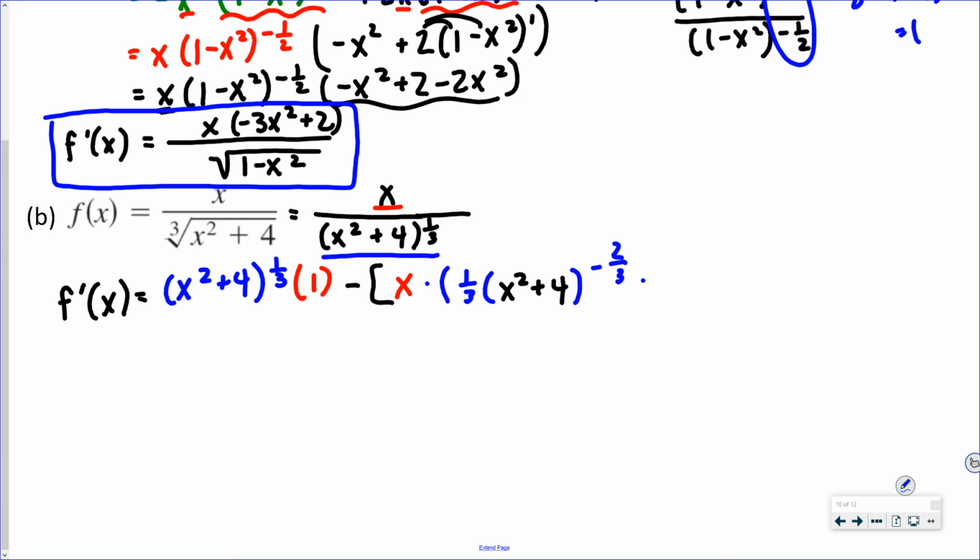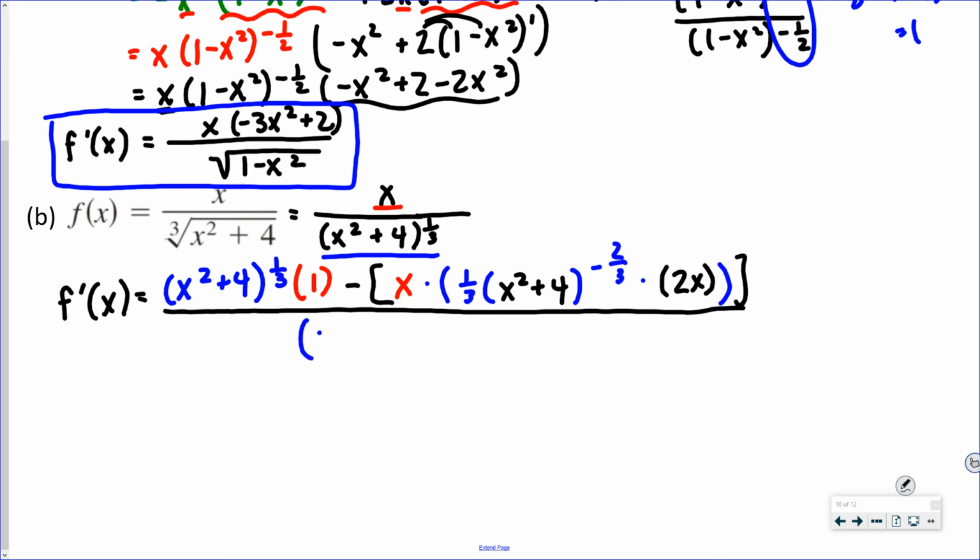Chain rule times the derivative of that inside, 2x, all over low squared. Low d high minus high d low all over low squared.